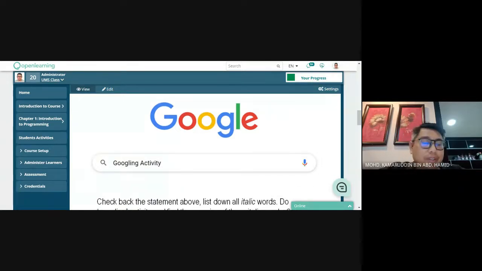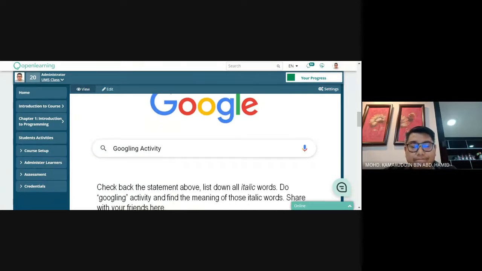Google is everything. You can find everything in Google. So in this session, I would like you to use a lot of Googling activity to help you find hints. Not finding the solution, you're the one who finds the solution, but it helps you in gathering information related to your problem.